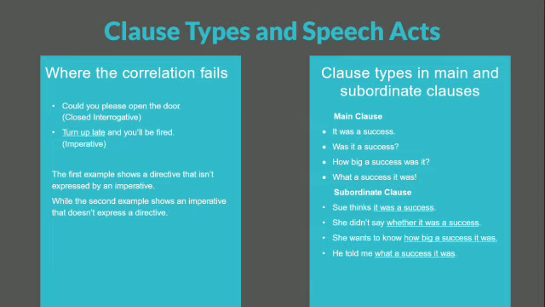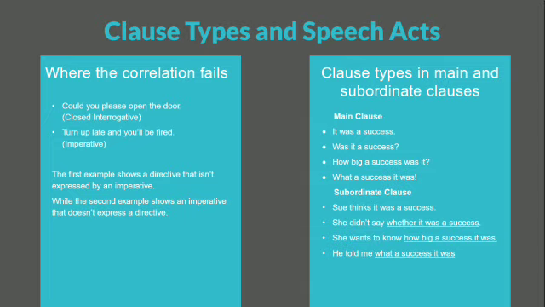Sedangkan contoh yang kedua menunjukkan imperatif yang tidak mengekspresikan directive. Disinilah letak fail correlation-nya. Klausa imperatif yang seharusnya digunakan untuk menunjukkan arahan, instructions, commands, or request. Namun di sini contoh yang pertama adalah bentuk request, namun tidak dalam bentuk imperatif, malah dalam bentuk closed interrogative.